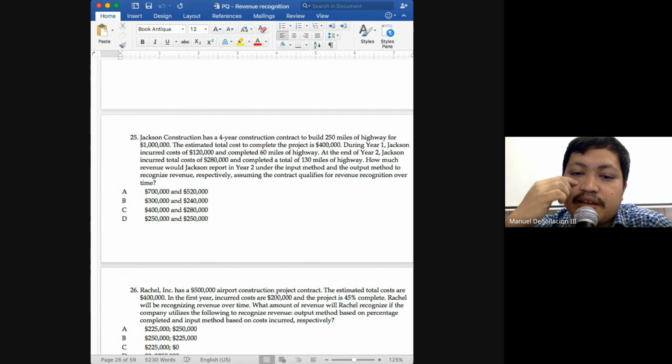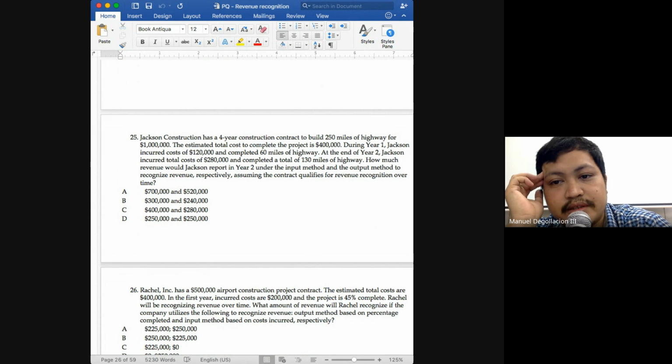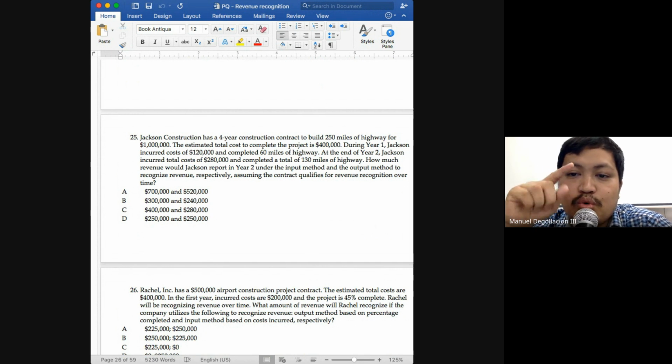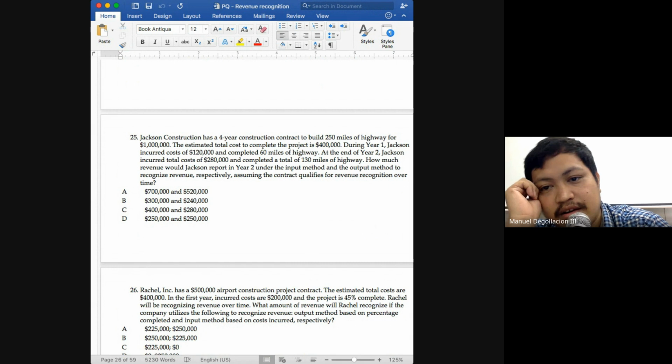But since the suggested answer here is letter C, what then would be the interpretation for the fourth sentence? This would mean that when it says Jackson incurred total costs of 280, the problem meant that the 280 already included the 120 from year 1.